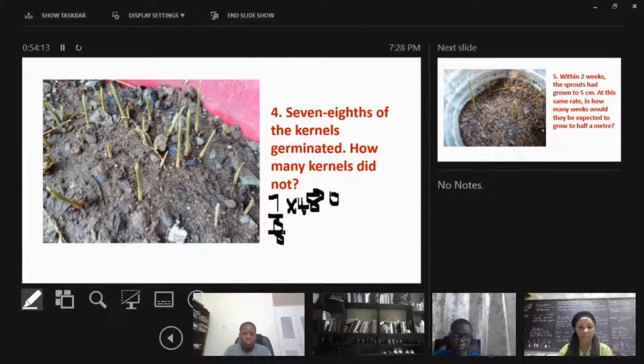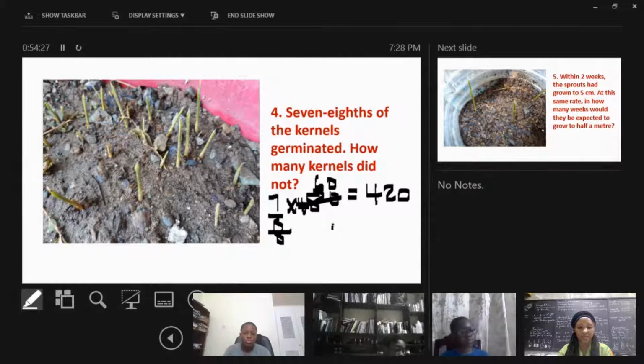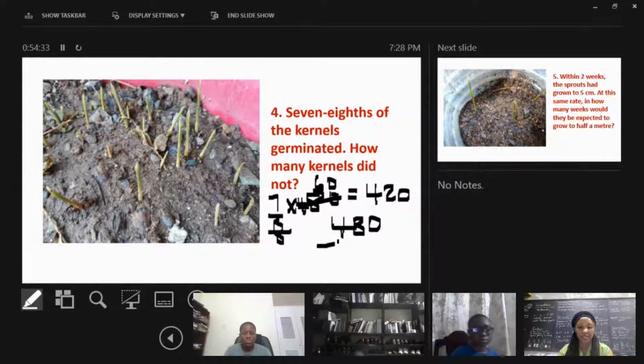And we know that 8 into 480 equals 60. And 7 times 60, that's 420. But this is the amount that germinated. So we need to subtract that from the 480, which would leave us with 60.